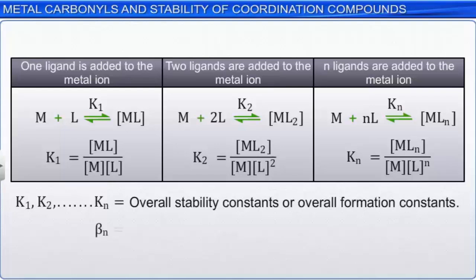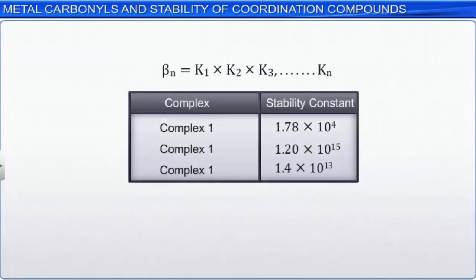Stability constants tend to be very large numbers. To simplify the numbers, a log scale is often used. Thus, the relation can be written in log scale as log beta n is equal to log K1 plus log K2 plus and so on up to log Kn.